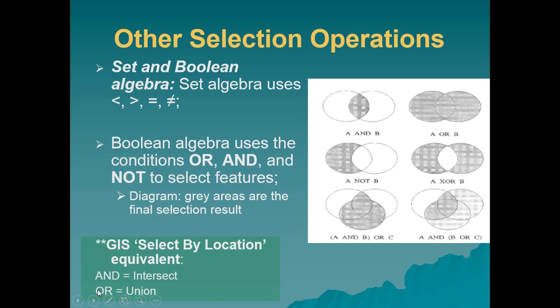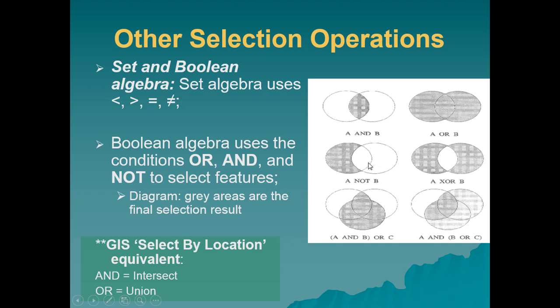When you use OR, it produces a union. So if you look over here on this chart, you could clearly see that each circle represents a data layer. So when you have A and B, the result of that is an intersection. Over here we have A or B, the result of that is a union.